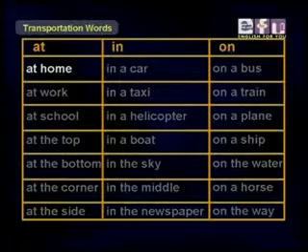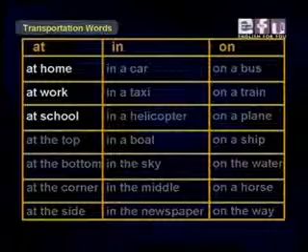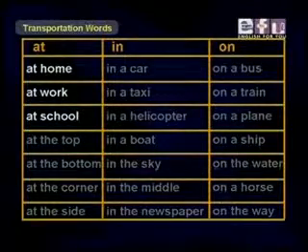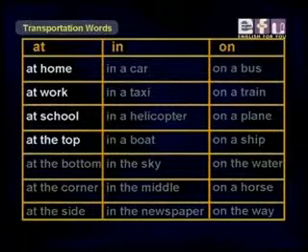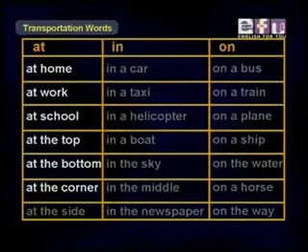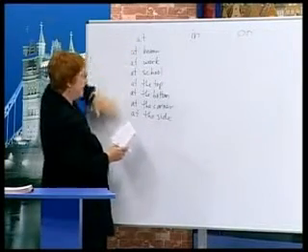At home, at work, I am at work, at school, the student is at school, at the top, at the bottom, at the corner, and at the side. Okay? Now, these are at.